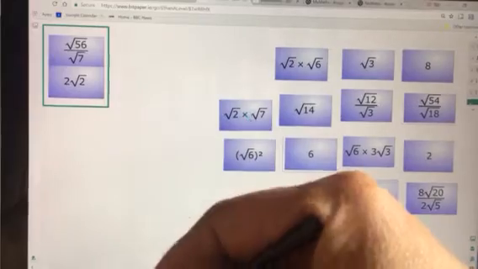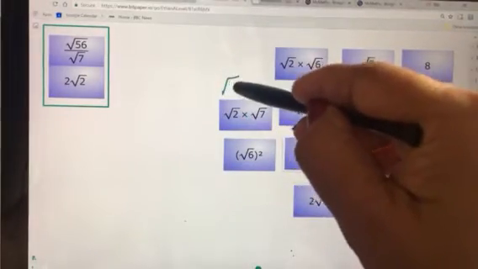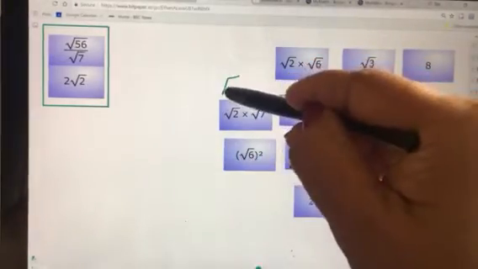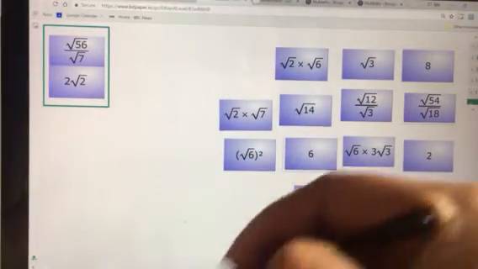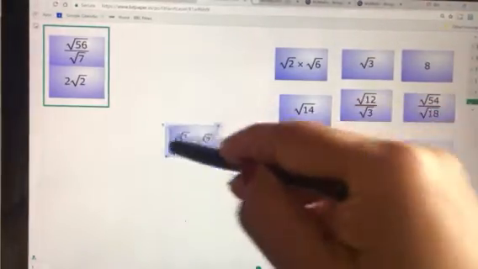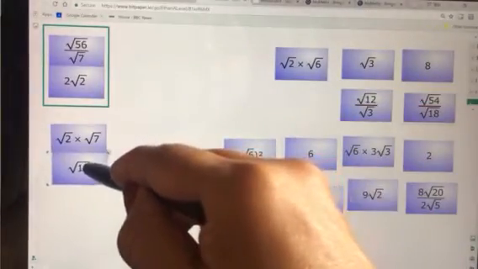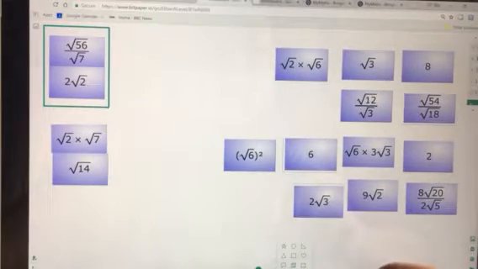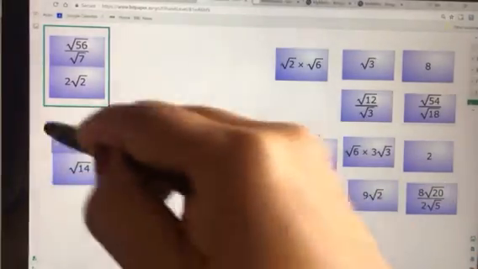That will give you square root of 14. So I can see square root of 14 here, so we're just gonna match that together. We're gonna put a box around that as well to show that we've made a pair here.